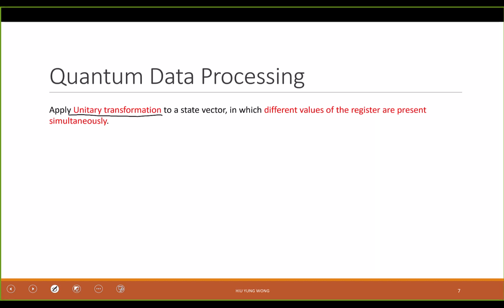You have different basis vectors presented simultaneously due to what? Due to superposition, right?